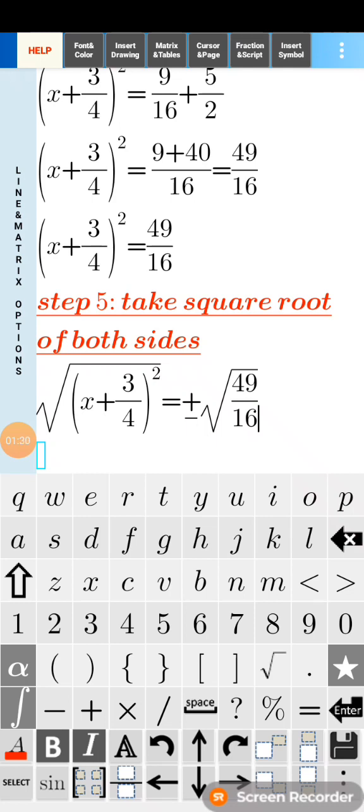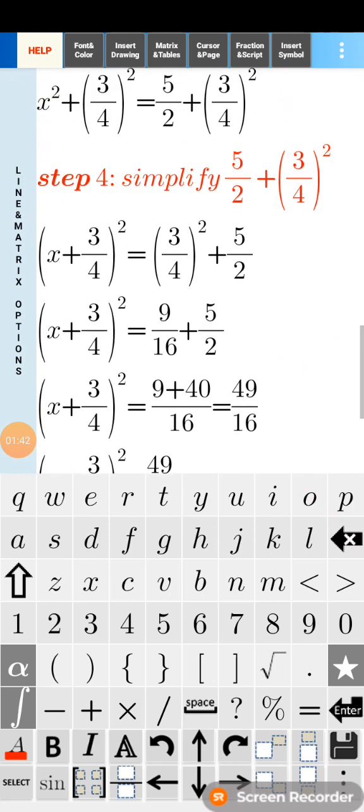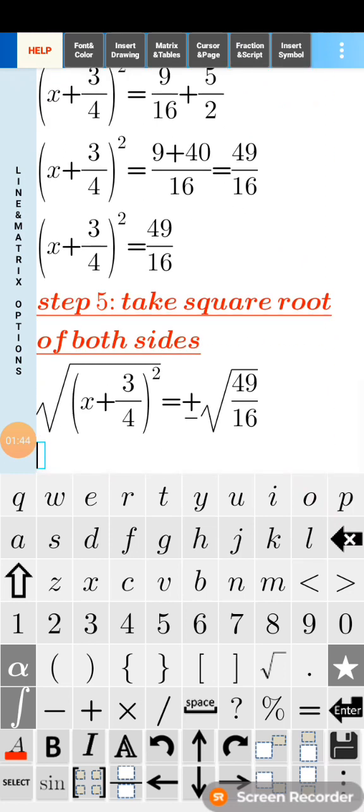Now this is the next step you take after simplifying. The next step is to take the square root of both sides. Now if you watch in the other equation, after the equal sign, I placed plus or minus in front of the square root.